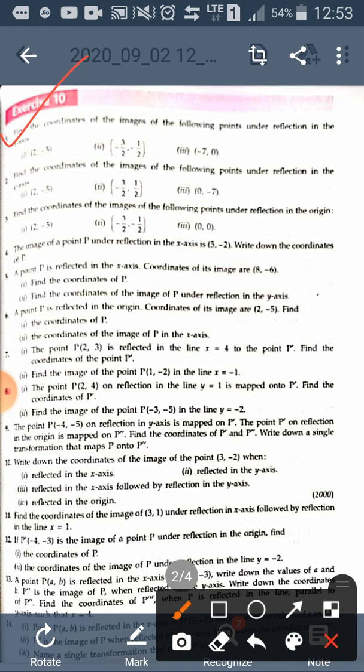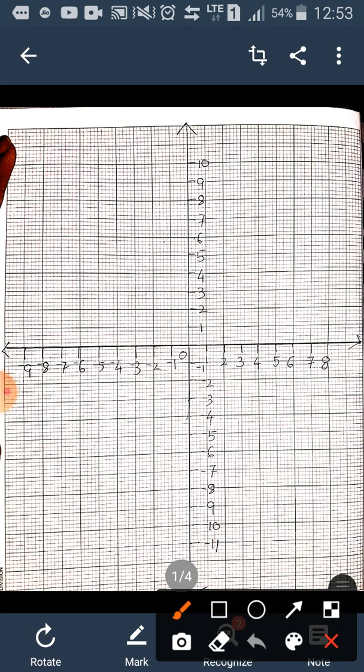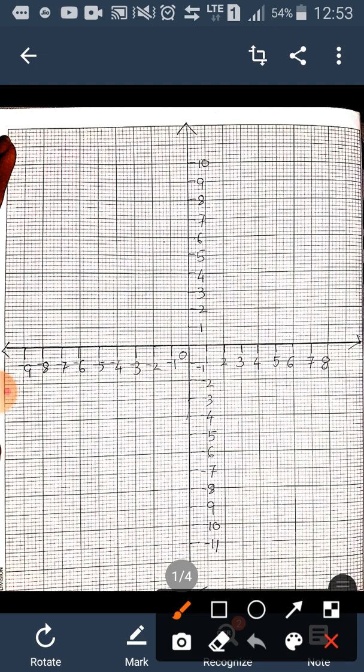Okay, so number 1, again we will take the same points and see what happens to them when they are reflected along the x-axis. So 2 comma minus 5. Where is 2 comma minus 5? 2 comma minus 5 is over here.